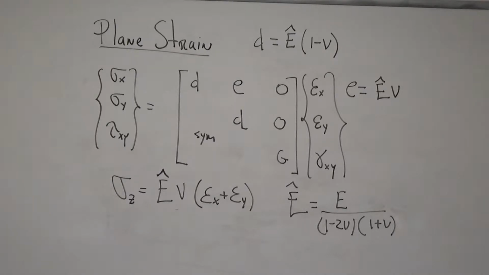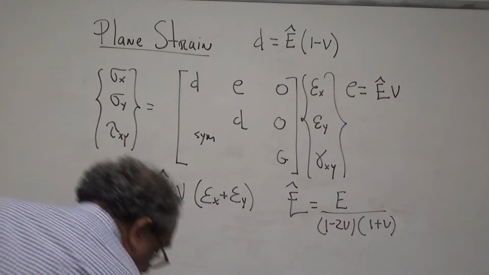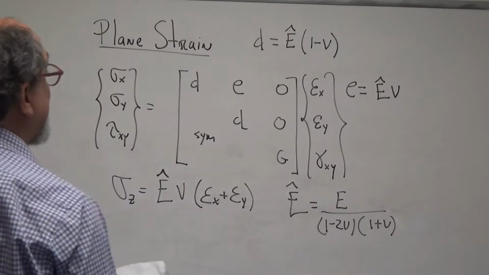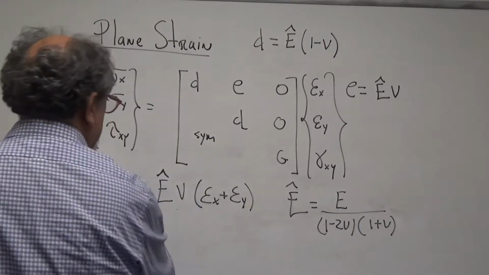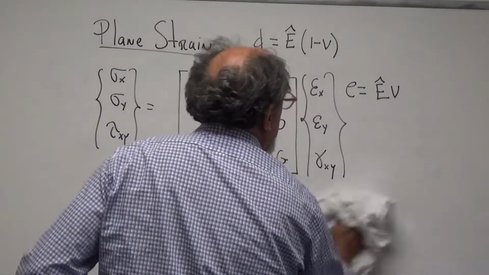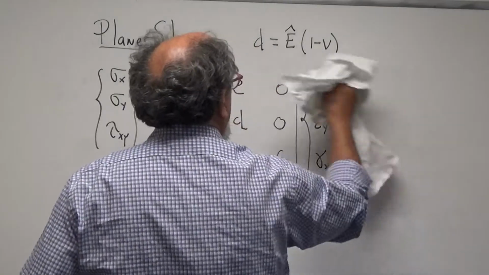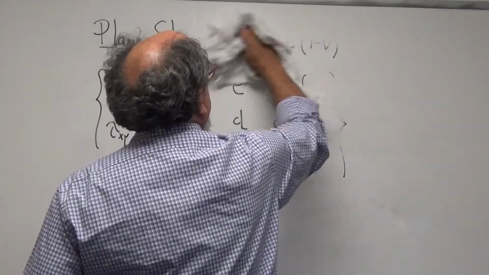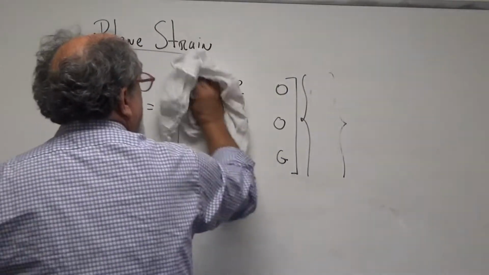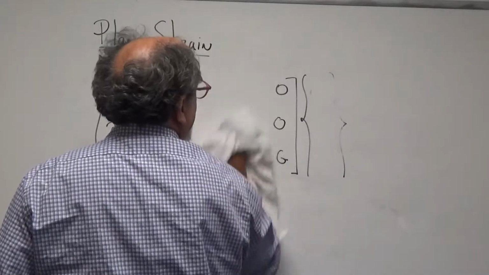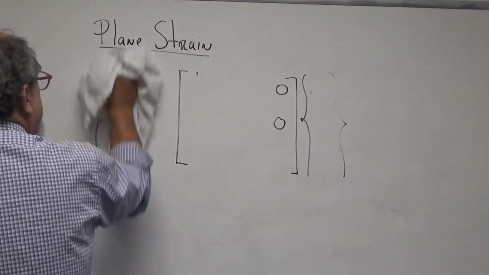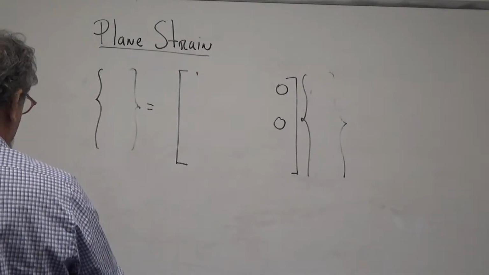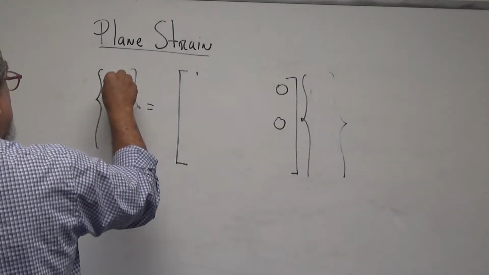All right, now I'm going to finish by putting the inverse relationships. As I said, I don't think that we ever use them in any particular problem, but for the sake of having the whole thing, now what we want to do is to have the inverse relationship.